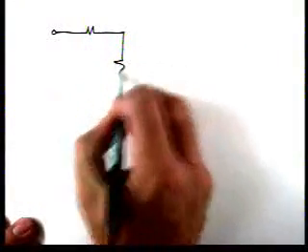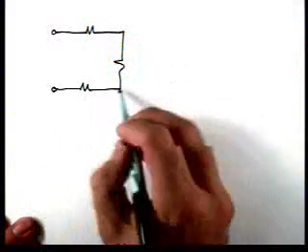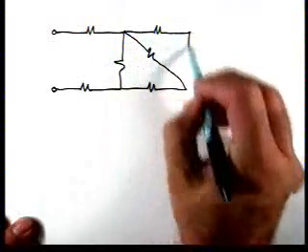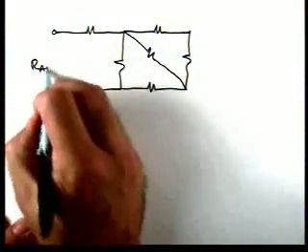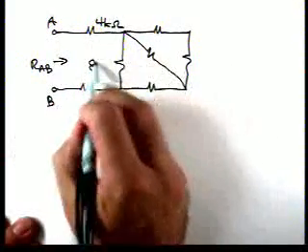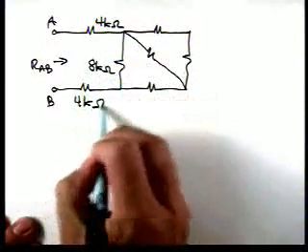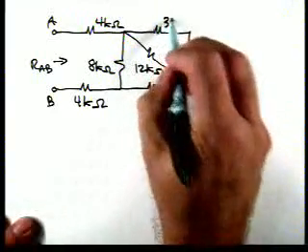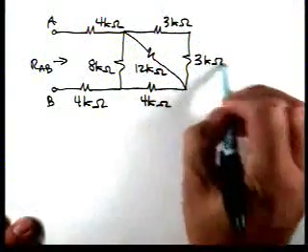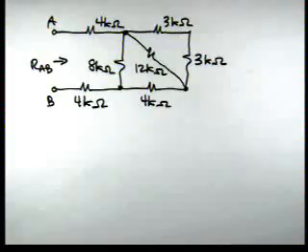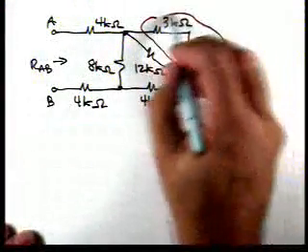Okay, so now our circuit looks like this one. So now we're just redrawing it to show the new combination. Okay, so now these two resistors are in series.